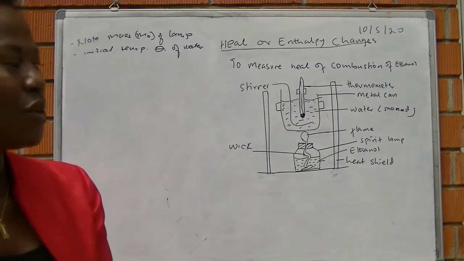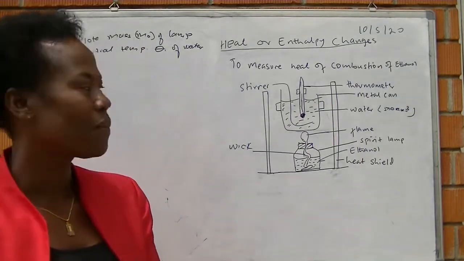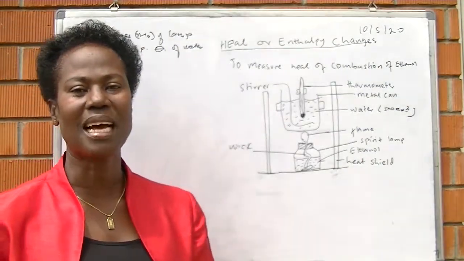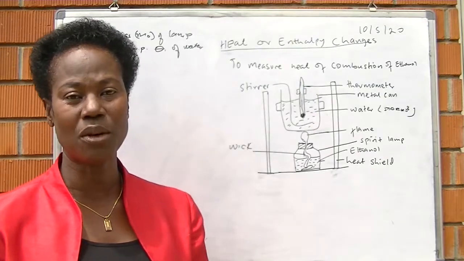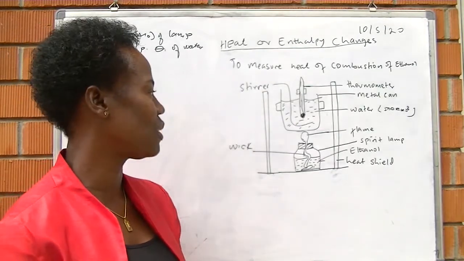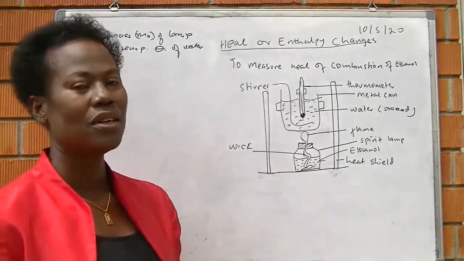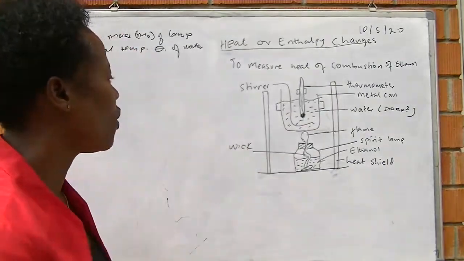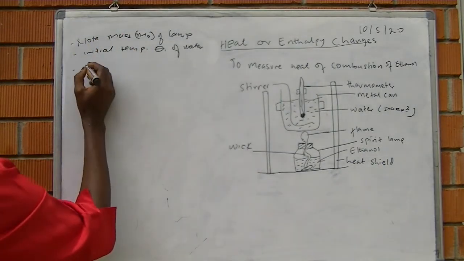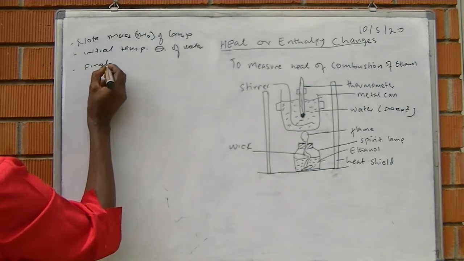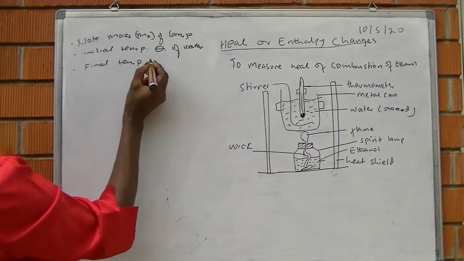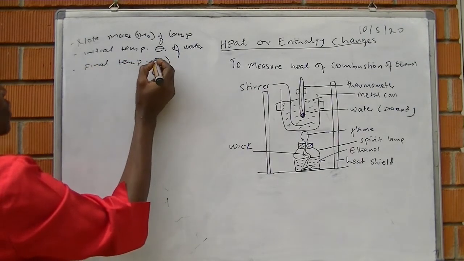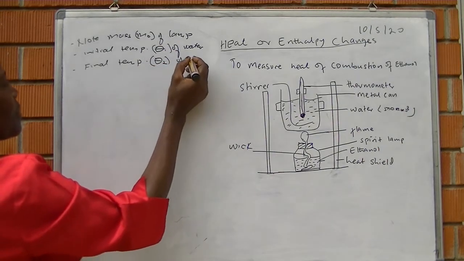After that, you light the wick and allow the experiment to stand for 10 minutes. It can stand for more time or for 10 minutes, whichever time you want. Stop the wick and note the final temperature, theta 2 of the water.